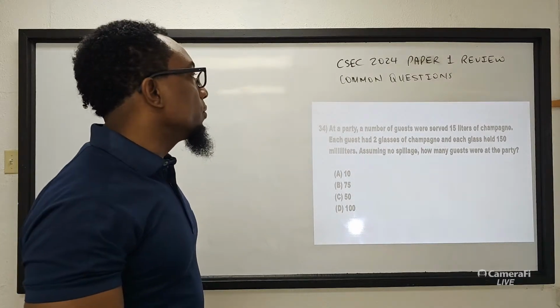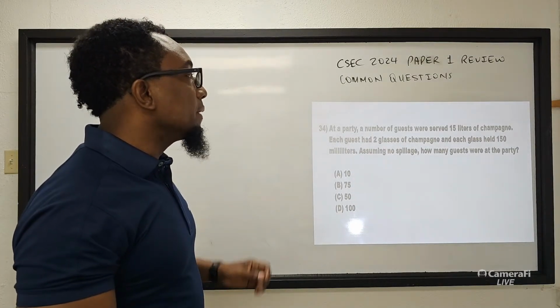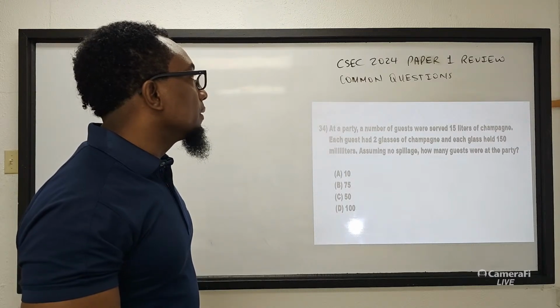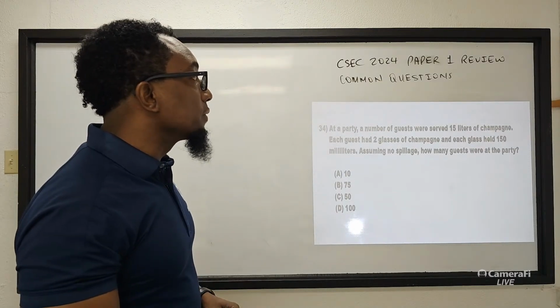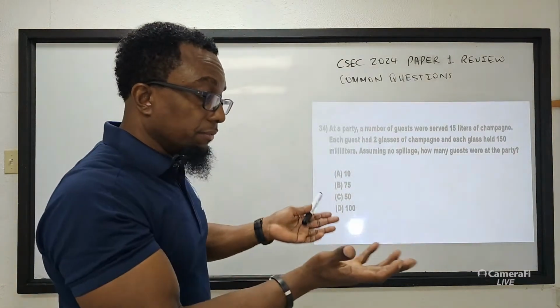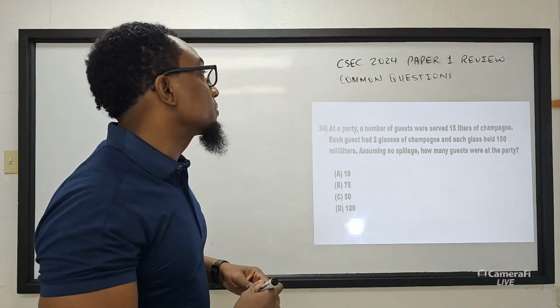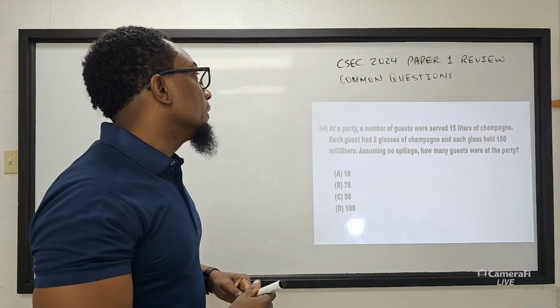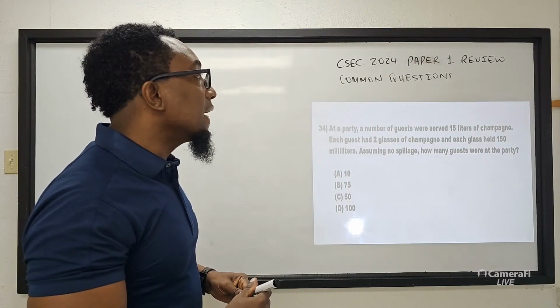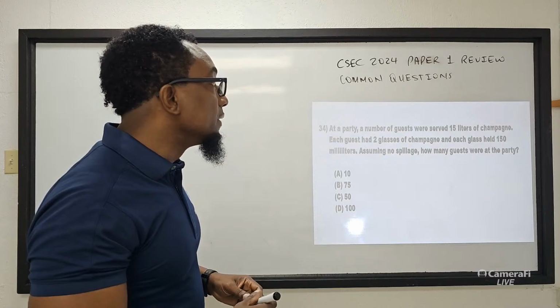Assuming no spillage, how many guests were at the party? So at a party, the guests were served 15 liters of champagne, served to all the guests. Each guest had 2 glasses of champagne and each glass held 150 milliliters.